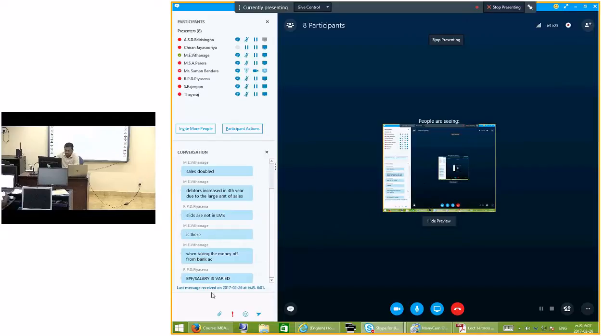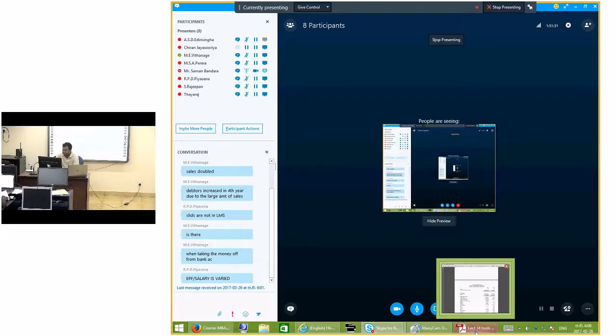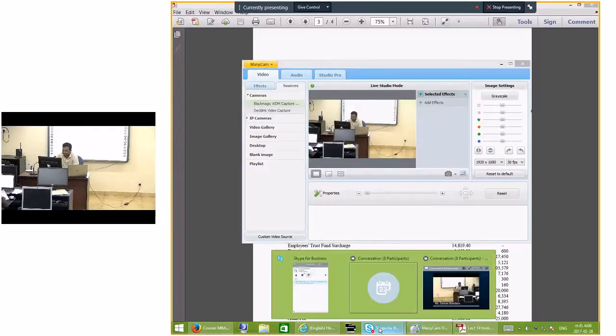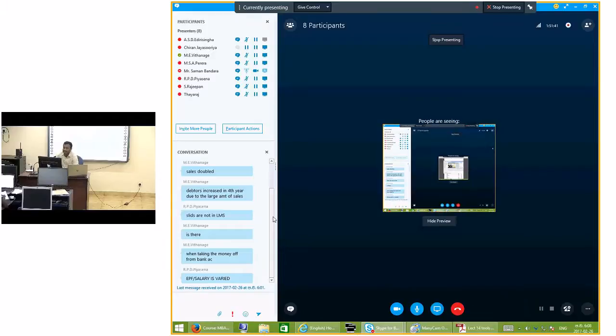EPF, salaries vary. PSA, yes. We'll see that, right? Only one person discovered one thing from the online participants. Yes, tax department, no? We'll go and see. PSA, you should be able to see more than that. You are from the tax department, no?